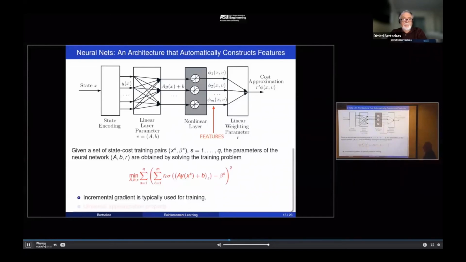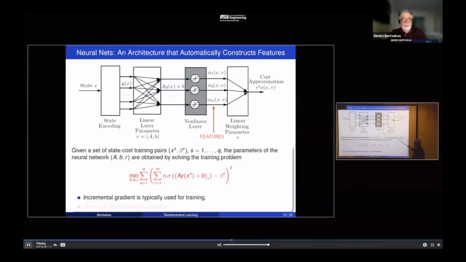So that's the structure. And how do we train this? Well, we train them in the way we discussed. We form training pairs of sample states and sample target costs, beta, and we put all of this together into a nonlinear regression. This is the sum of squared errors.